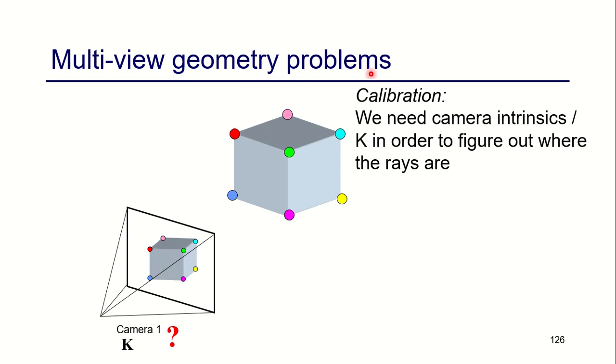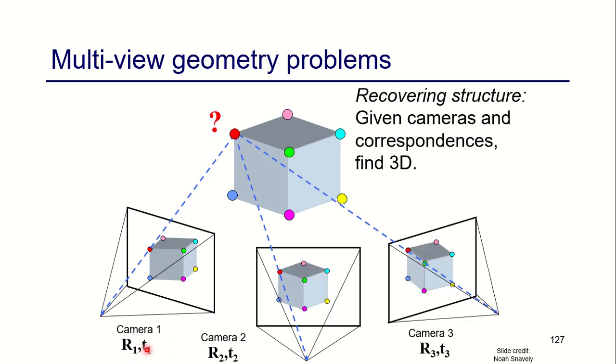Multi-view geometry problems. So calibration: we need camera intrinsics K in order to figure out where the rays are. So there is an object and you are fixing where it is viewed in 3D. From camera 1 your position is R1, T1, and from camera 2 the position is R2, T2, that is your rotation and translation matrix.